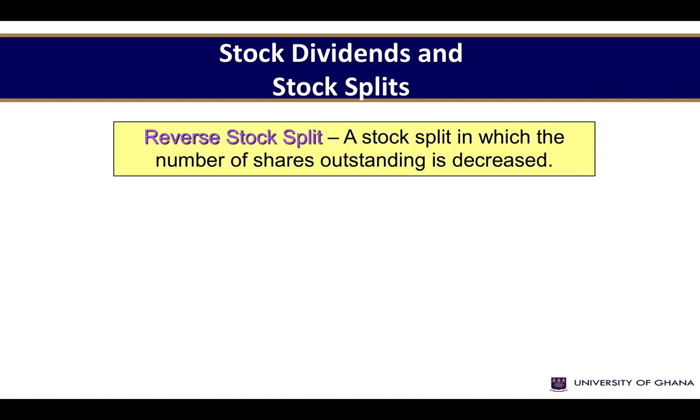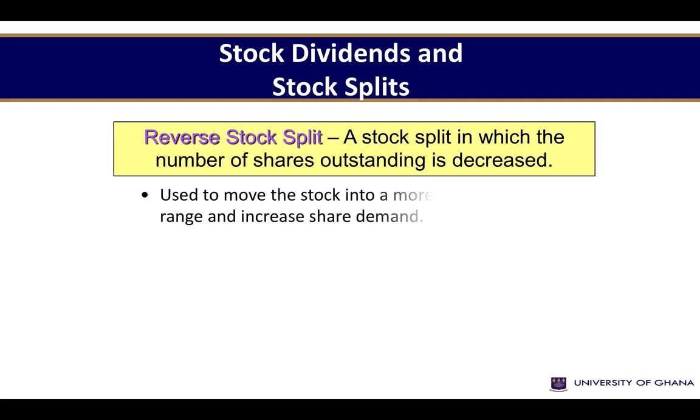With a stock split, you take one stock and split it into a number of units. With a reverse split, you take a number of stocks and box them into one. What it does is reduce the number of shares outstanding. It doesn't change the proportionate holding of investors, but it reduces the number of shares outstanding.